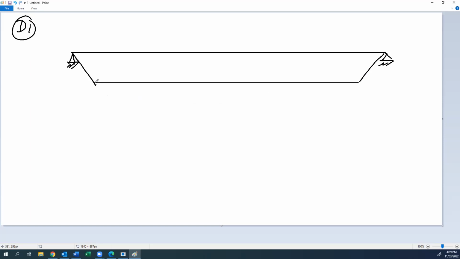Let's say this is a truss with A, B, C, D, E, F, and so on.